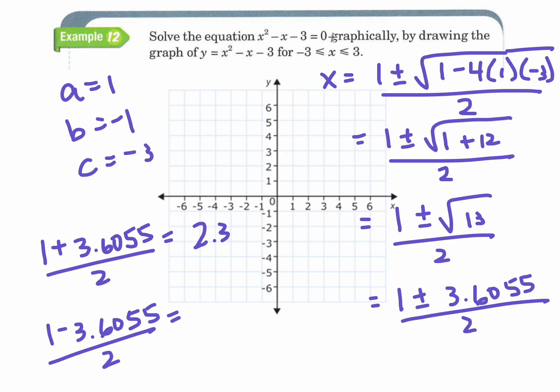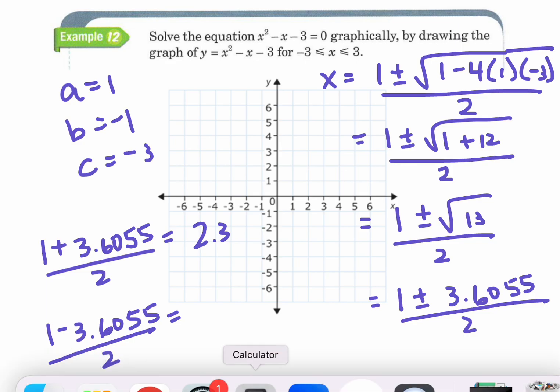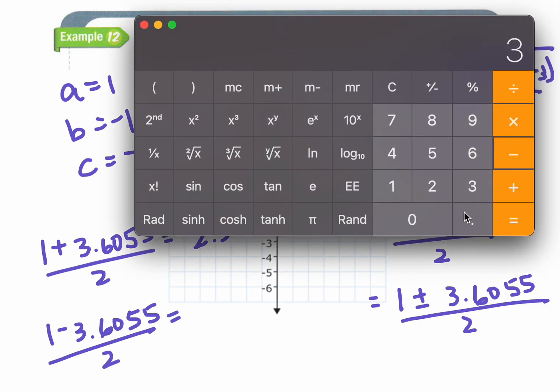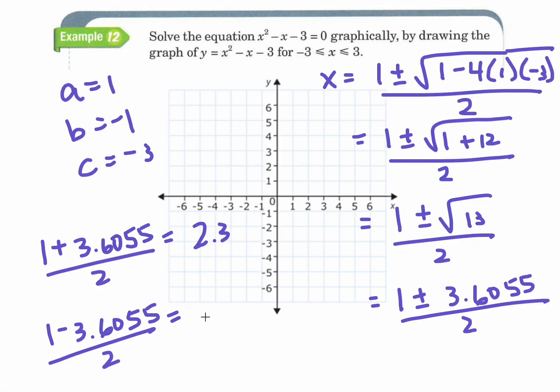And then the other answer will be 1 minus 3.6055 divided by 2, and that would be rounded to the nearest tenth, negative 1.3.